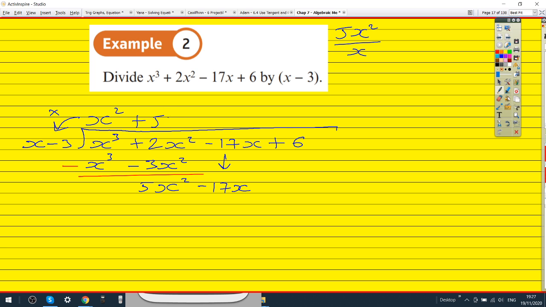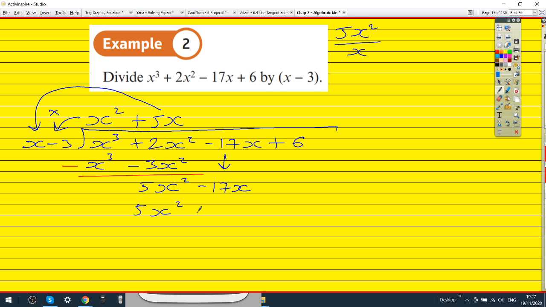So that's going to be plus 5x. What's next? Would you divide it by minus 17x as well? No. You just need to compare the first two. So you do 5x times that, which gives you 5x squared.